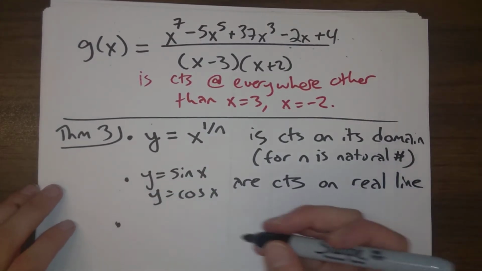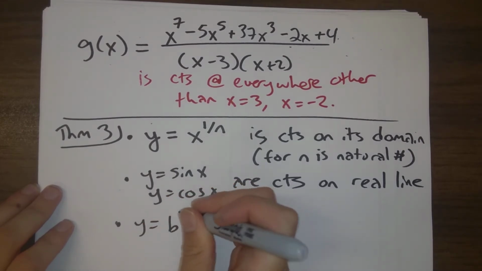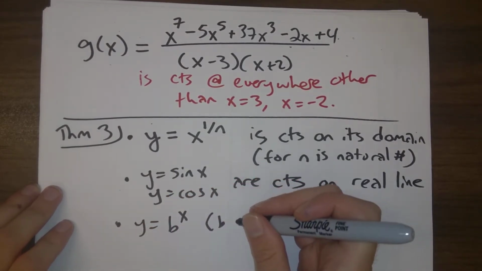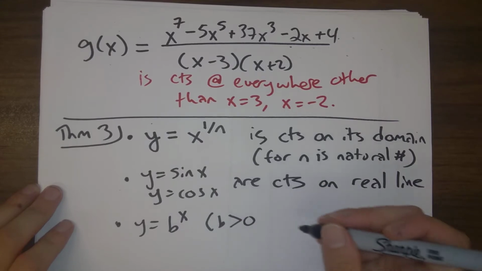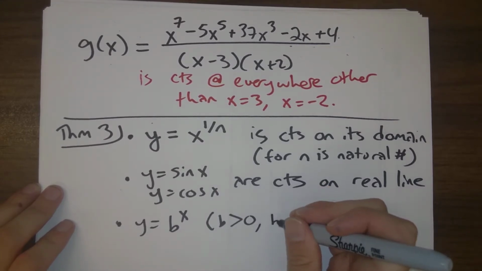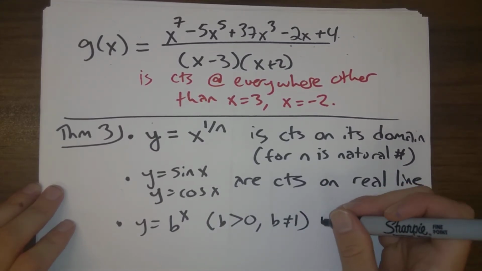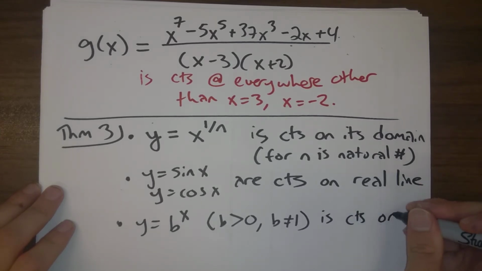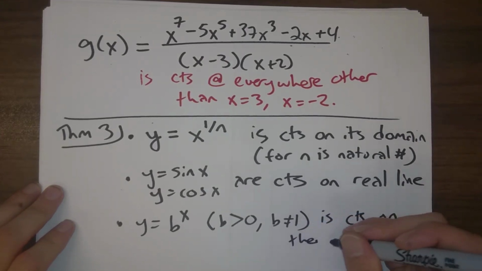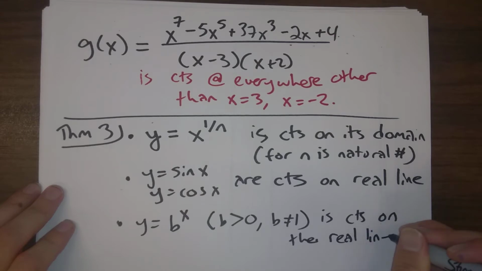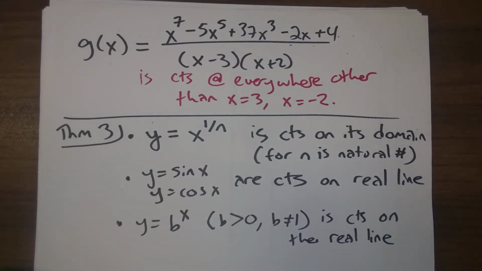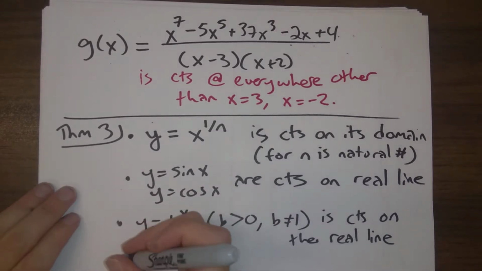An exponential function, y is equal to b to the x, where b is a positive number that is not equal to 1, is continuous on the real line. So y is equal to 3 to the x. That's continuous. No more work to be done.